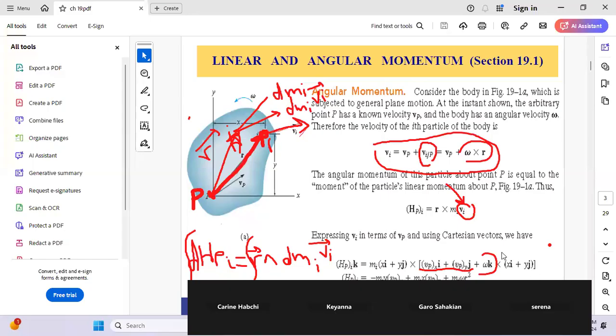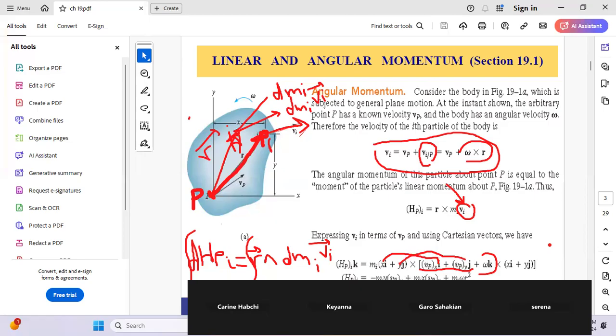Now, if you apply the cross product on this term, you just have to expand. If you do the expansion, you know that i vectorial i is 0, j vectorial j is 0, i vectorial j is plus k, etc. You expand these terms and you end up with the following result.